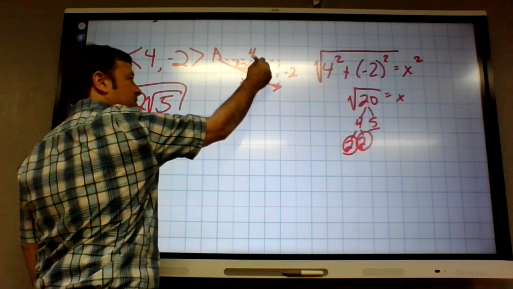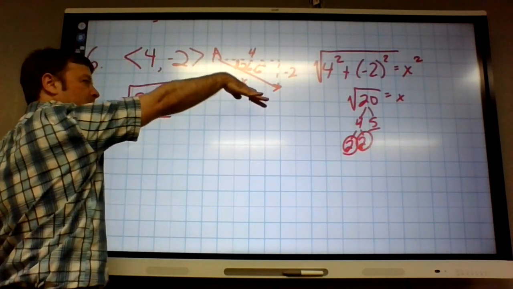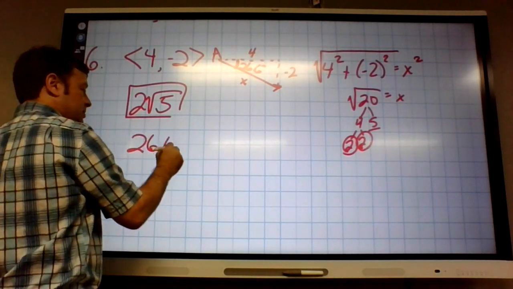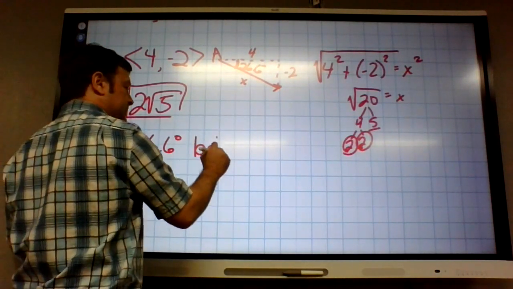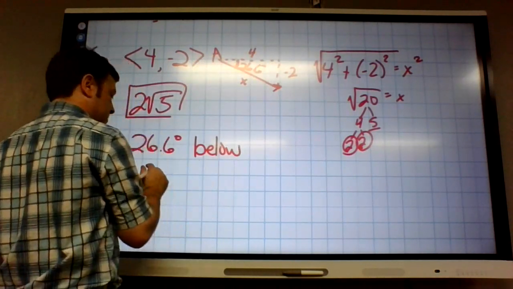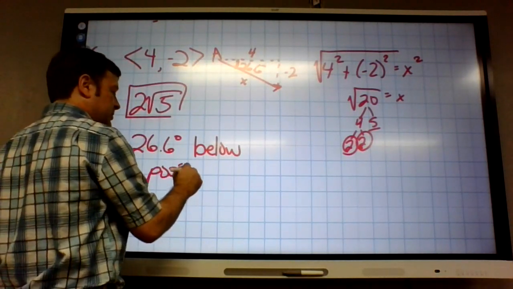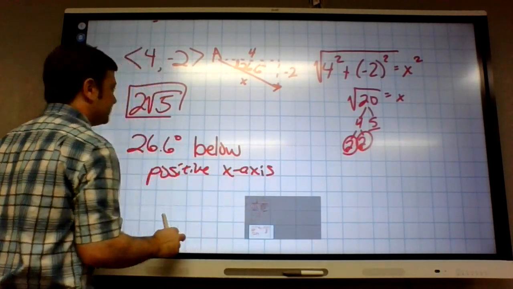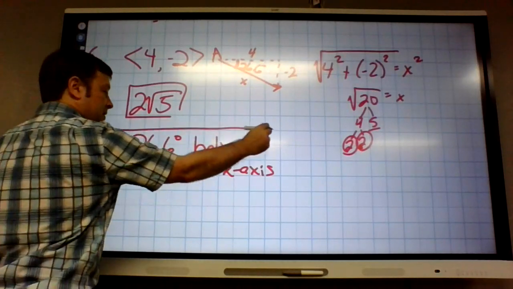It's 26.6 degrees below the x-axis. Above? No, below. It's going down. Oh, I see it. Below the positive x-axis. All right, that's the second answer.